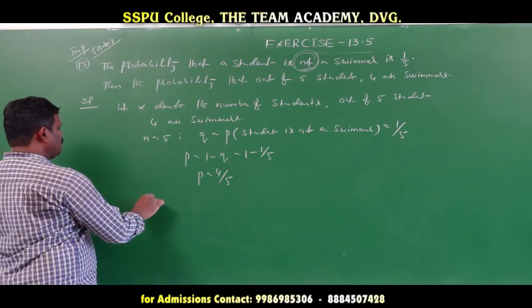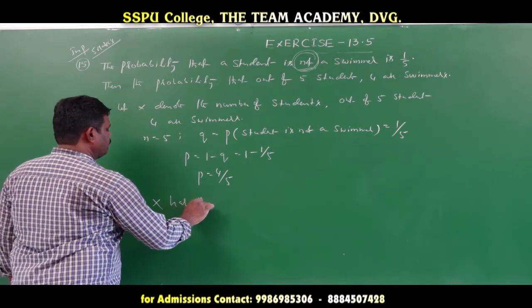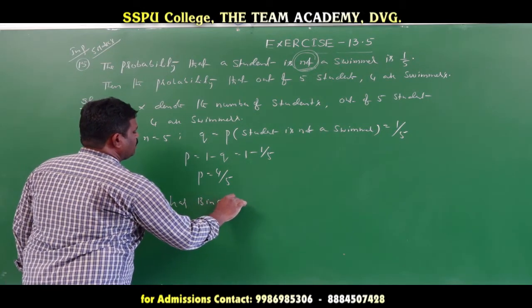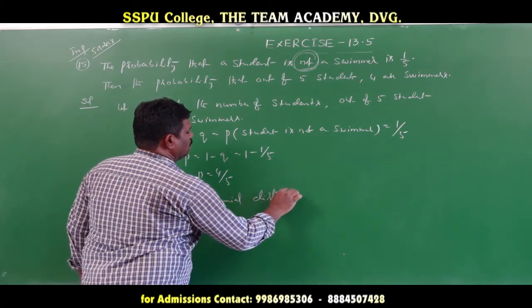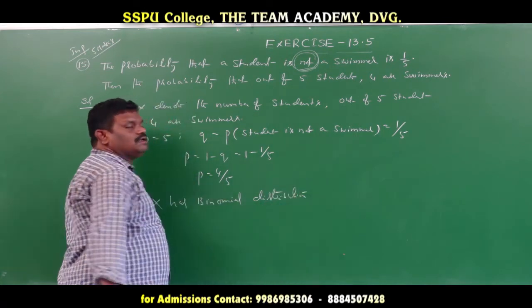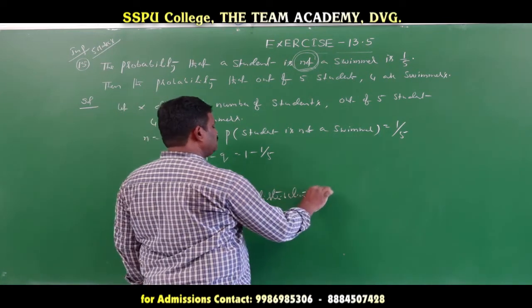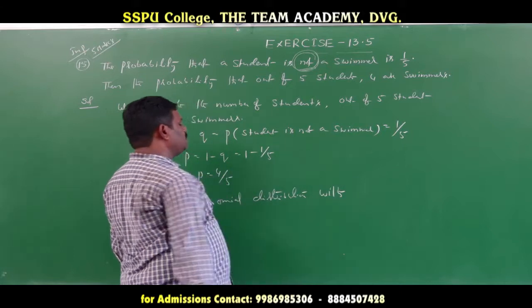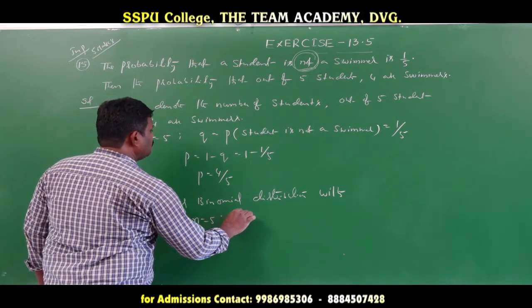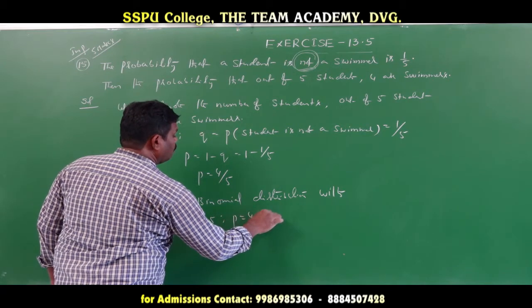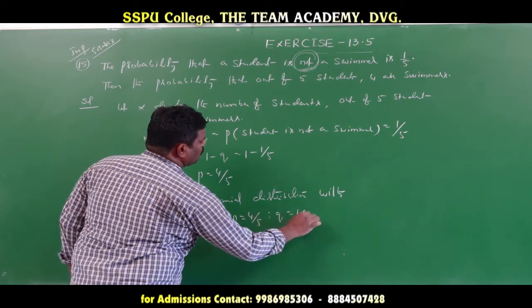Again, X has a binomial distribution with the parameters n equal to 5, p equal to 4 by 5, q equal to 1 by 5.